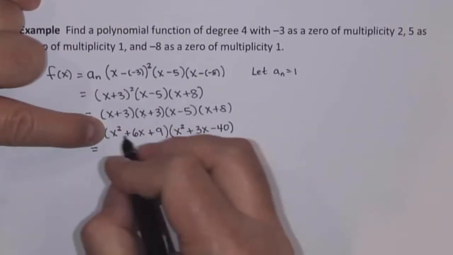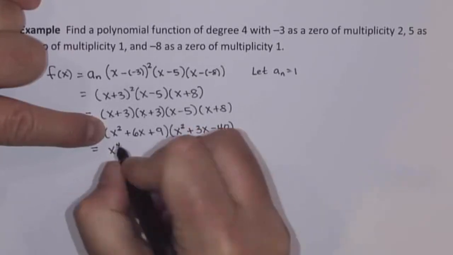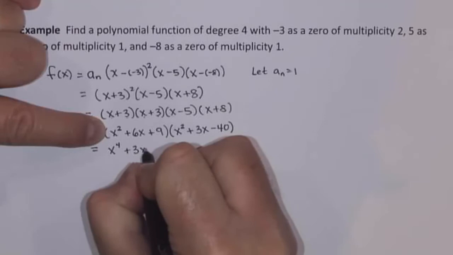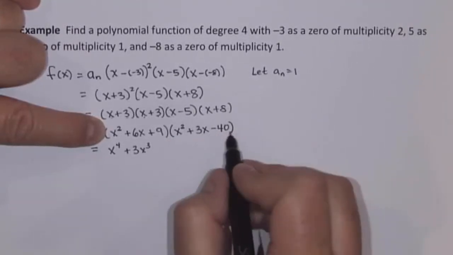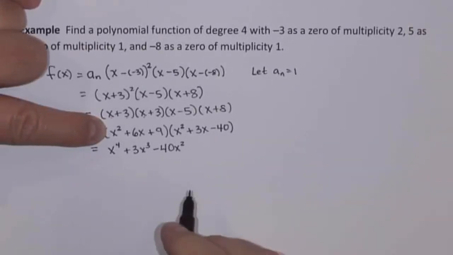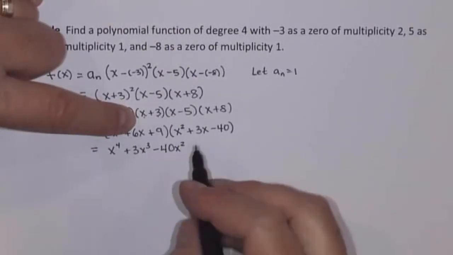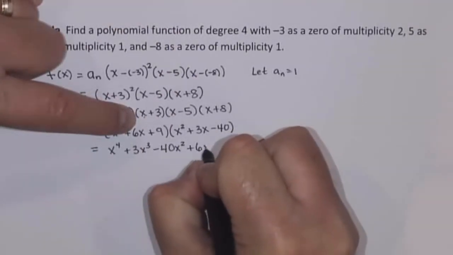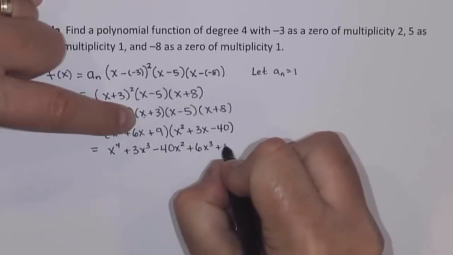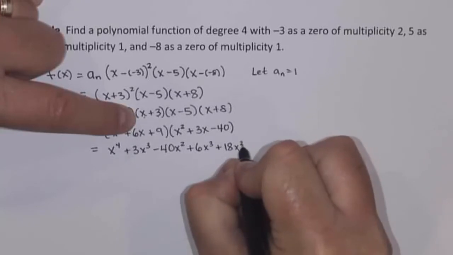So x squared times x squared is x to the 4th. x squared times 3x is 3x cubed. x squared times minus 40 is minus 40x squared. 6x times x squared is 6x cubed. 6x times 3x is 18x squared.